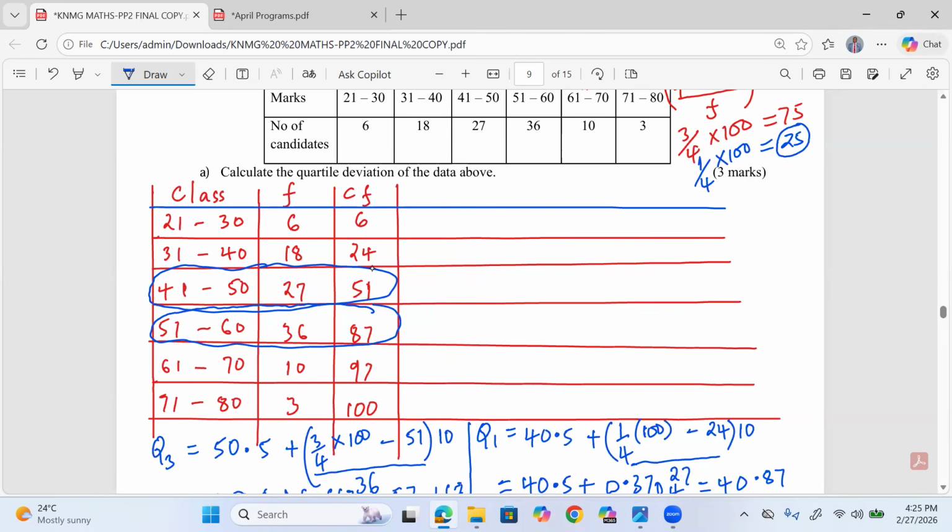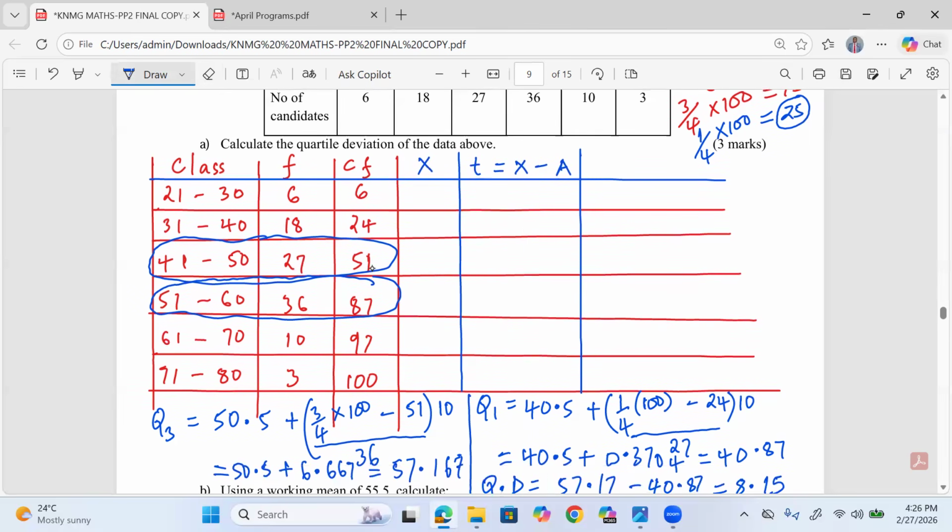So we can talk about deviation t, and I've given you the formula for t. t will be given by each midpoint x minus the assumed mean of 55.5. So we get the midpoints. Sorry for that. Midpoints means the limits added, divided by 2. 21 and 30, we divide by 2, 25.5.